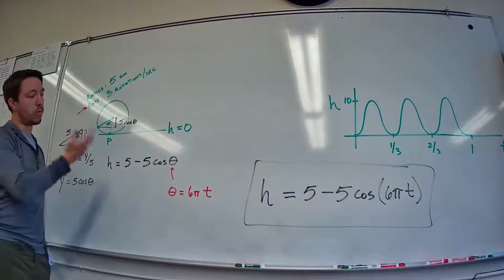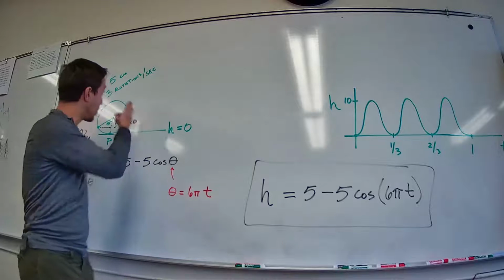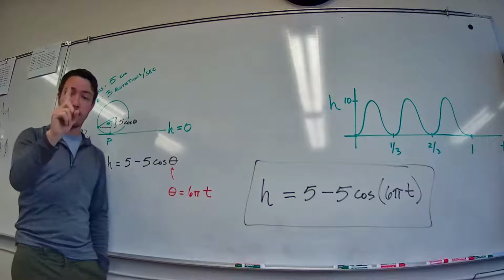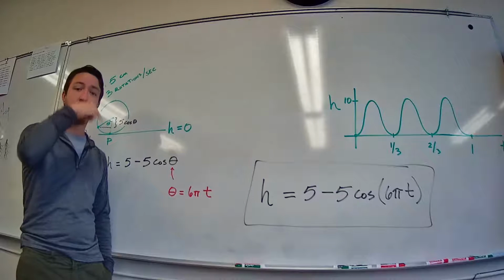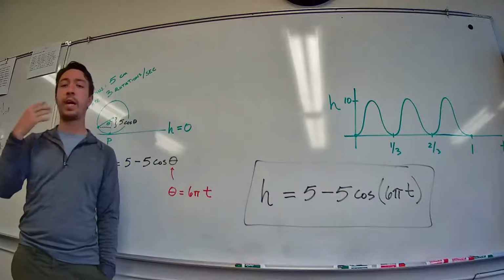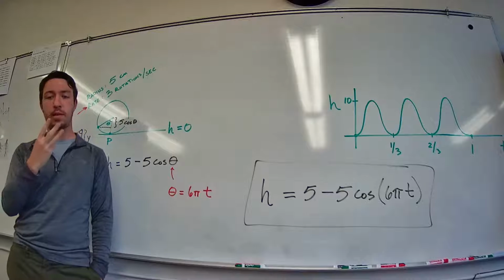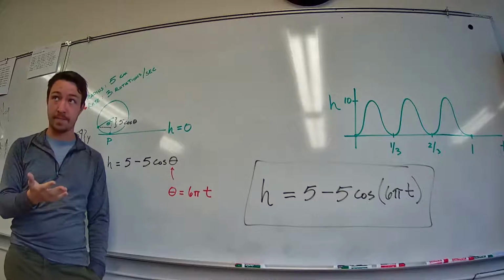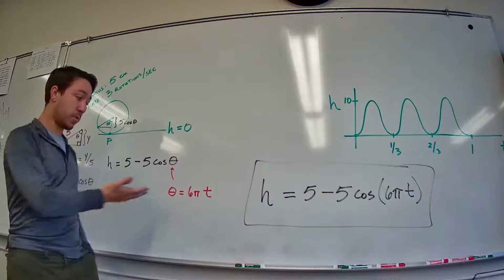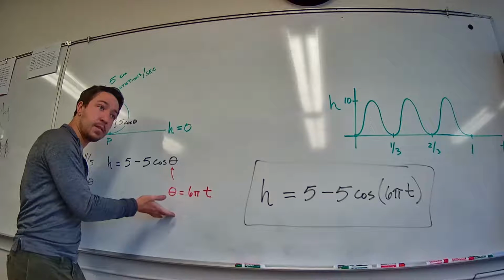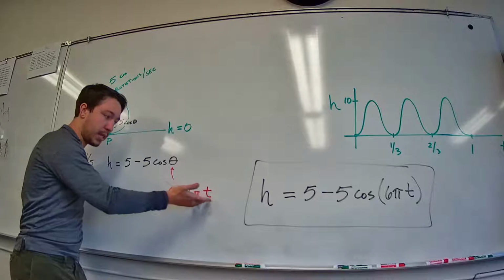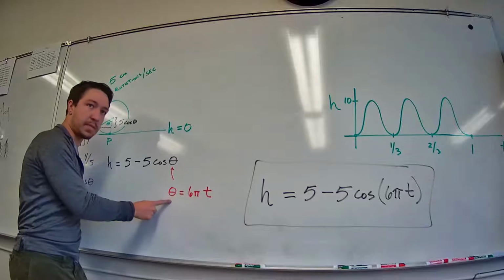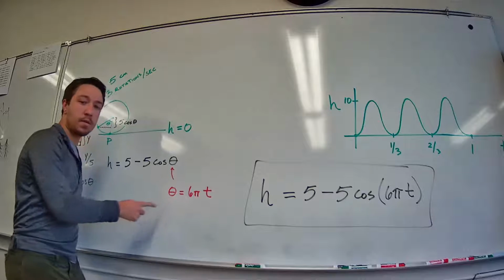So what we know is, when t is 1, after 1 second, the thing has rotated 3 times. Now, how many radians is 3 rotations? 6 pi, right? So I wanted a relationship here that when t was 1, theta would be 6 pi. That's exactly what we have.